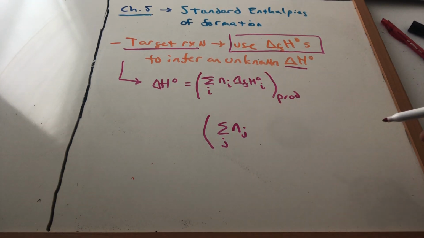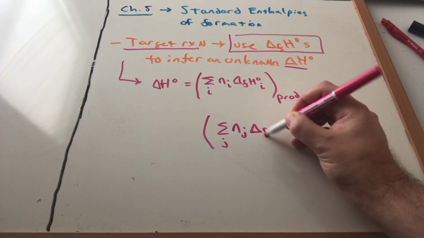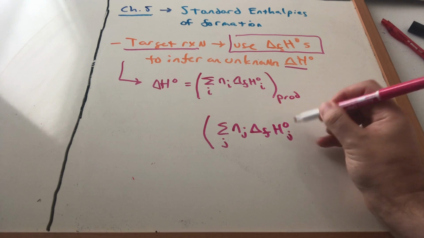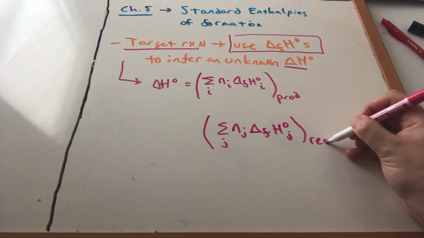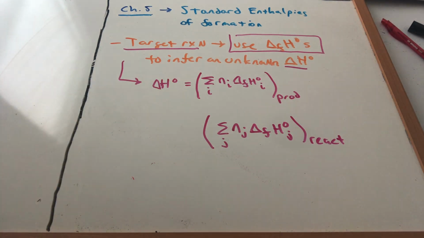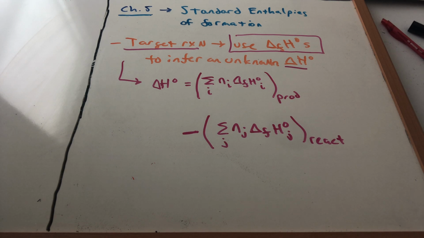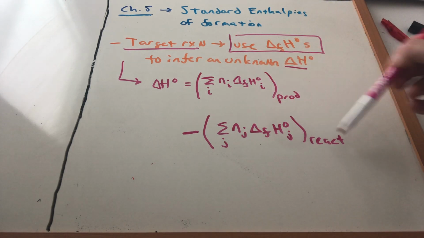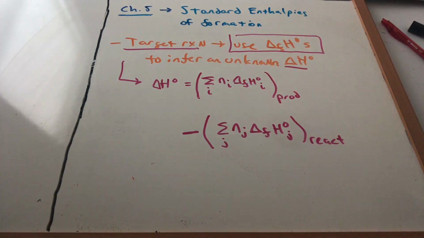You take the stoichiometric coefficient that you see, the delta formation H naught that you see for each reactant. You do 2 sums. And then to calculate delta H naught, you subtract these 2 sums. Okay? So you make a sum for the products, you make a sum for the reactants, and then you subtract.